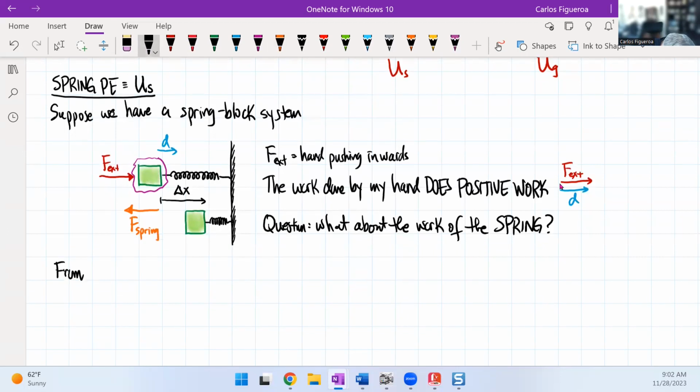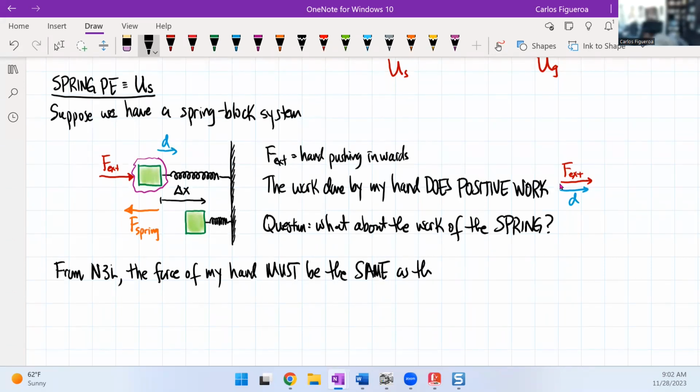From Newton's third law, the force of my hand must be the same as the spring force, but opposite in direction.